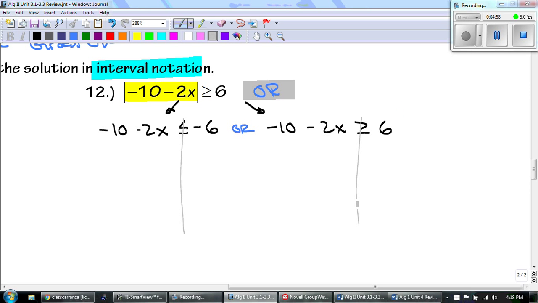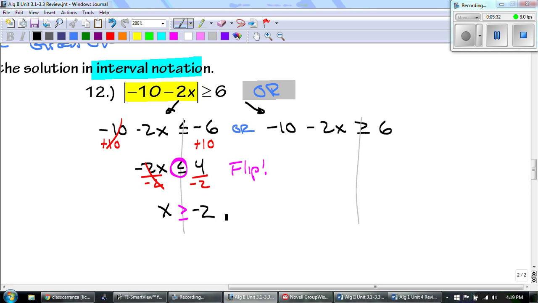Then we have to go through and solve each one. I add 10 to both sides. We have negative 2x is less than or equal to a positive 4. To get the x by itself, I have to divide by negative 2. When I divide by a negative, I have to flip the inequality symbol. Then 4 divided by negative 2 is negative 2.